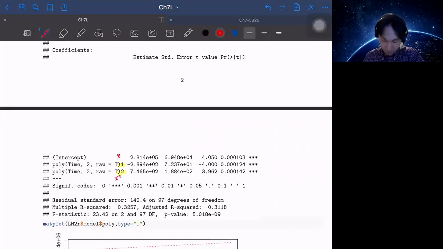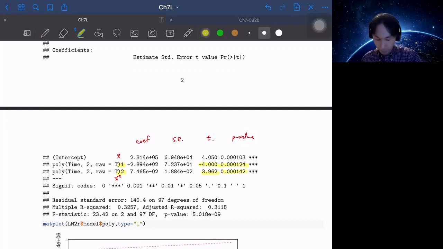What are the coefficients? This is the coefficient, this is the standard error, this is the t-value, and this is the p-value. You can see both are very significant, with t-values both larger than maybe 2. The x is slightly less significant here.